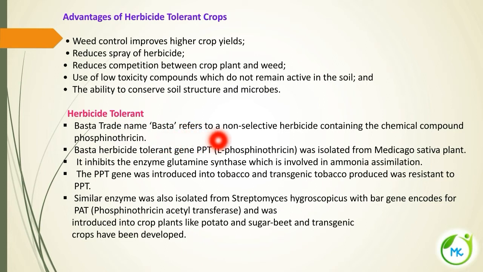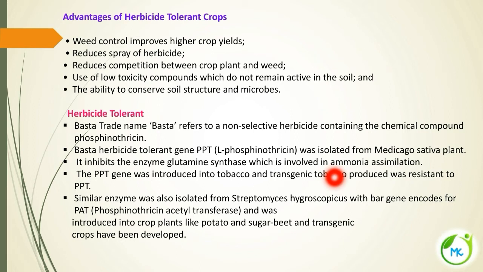Next, herbicide tolerant BASTA. BASTA, the trade name, refers to a non-selective herbicide containing the chemical compound called phosphinothricin. The BASTA herbicide tolerant gene was isolated from a plant. BASTA inhibits the enzyme glutamine synthase, which is involved in ammonia assimilation.